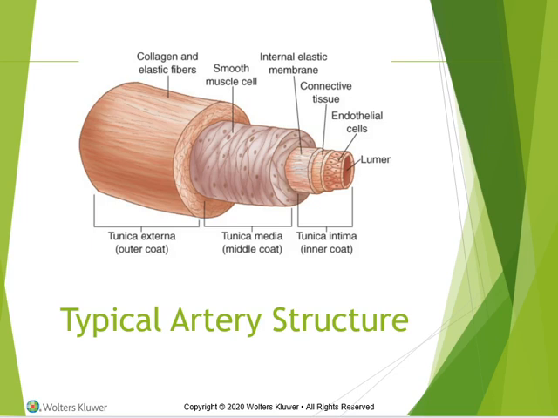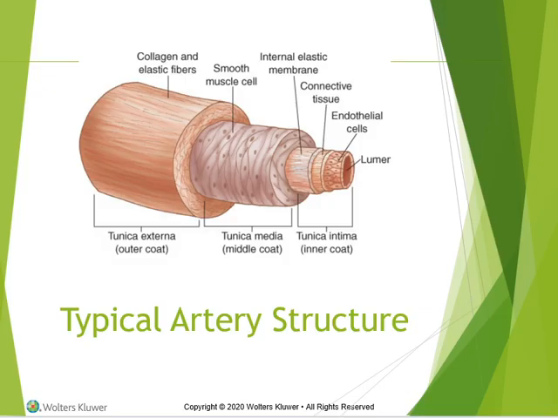Okay. So we're going to start out looking at the typical structure of an artery because it's important to understand that structure when we start talking about some of the disorders or things that can go wrong, like atherosclerosis or aneurysms or dissections. So a typical artery has what we call the tunica externa. It's this thick collagen and elastic fiber coating.